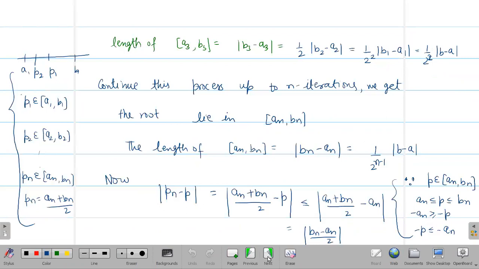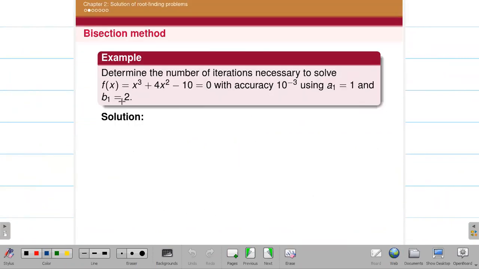If I take one simple example: determine the number of iterations necessary to solve f of x equal to 0 with the accuracy 10 raised to minus 3 using a1 equal to 1 and b1 equal to 2. It means I have the interval [1, 2], and accuracy means if I apply the bisection method on this equation, I want my approximating root to be accurate up to 10 raised to minus 3 places.